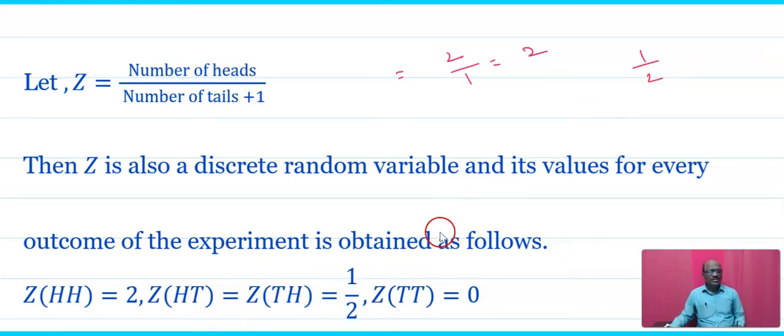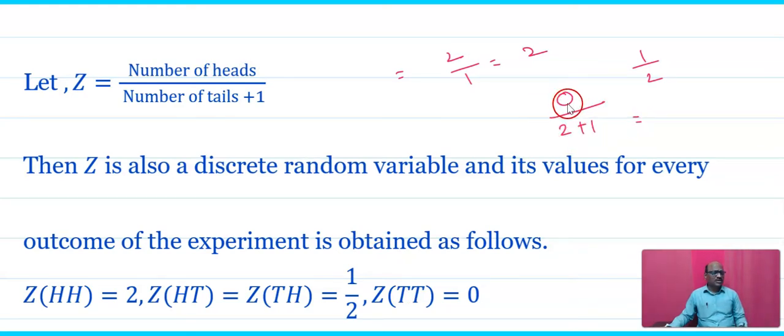And what about the last? The last is TT. The number of heads here is 0. Okay. When we consider TT, the number of heads is 0, and in the denominator the number of tails is 2 plus 1.